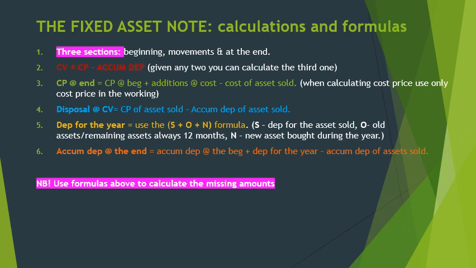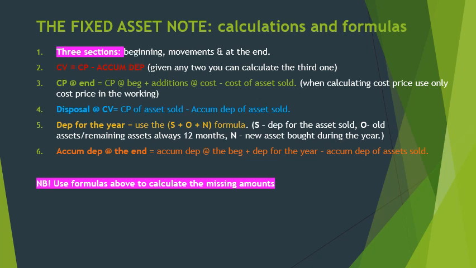This one is an important concept under movements. We want to use the SON method or formula. S stands for depreciation for the asset sold. O stands for old assets or remaining assets.